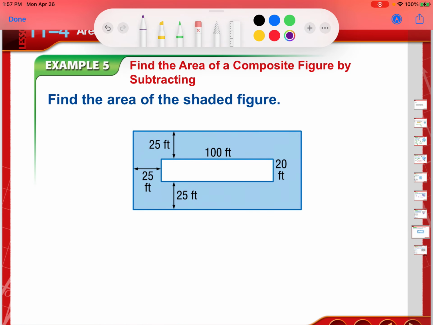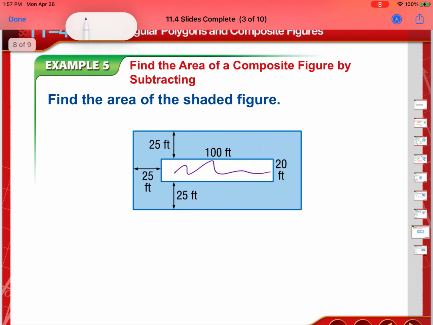Now, we're trying to find the area of this shaded piece. The challenge here is we have one big rectangle, and then one little rectangle inside. So what I want to do is find the area of the big rectangle and subtract this piece in here.